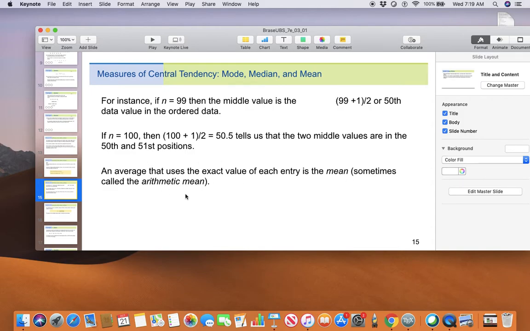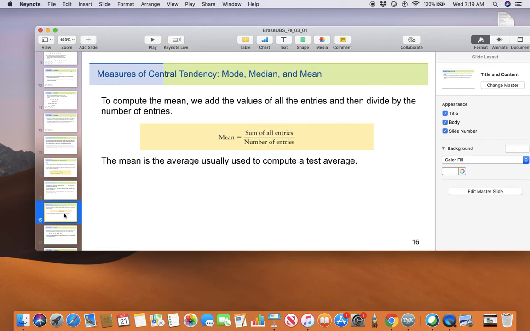Now mean is the arithmetic mean. Let's see what that is. To compute the mean, we add all the entries and divide by the total number of entries. This is what we typically consider average in school, etc. But that is the mean.